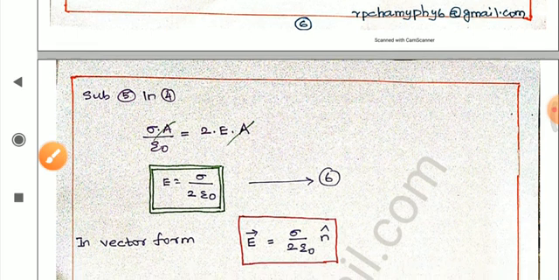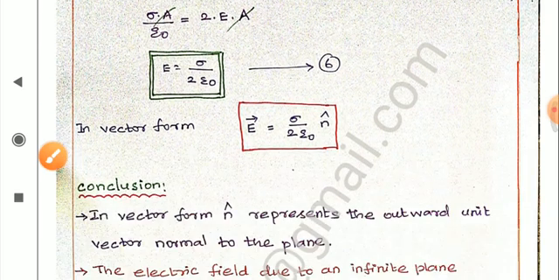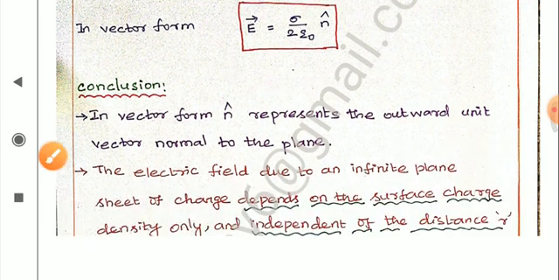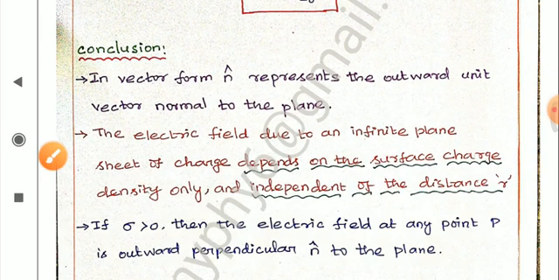Then in vector form, we can write E vector is equal to sigma by 2 epsilon naught into n cap. It is only a simple thing: here we are representing the vector form, and on the right hand side we are multiplying with a unit vector, where n cap is nothing but the unit vector. What conclusion can we give from this point?